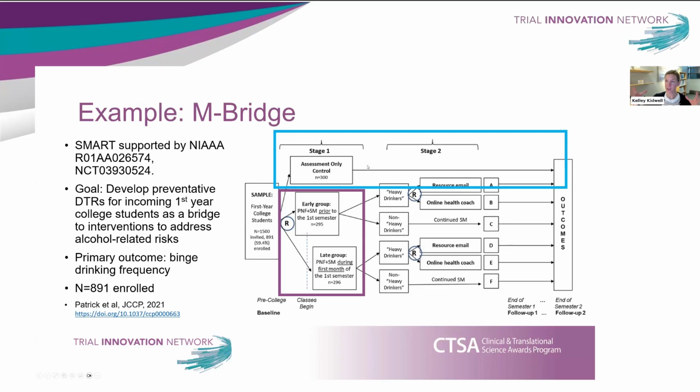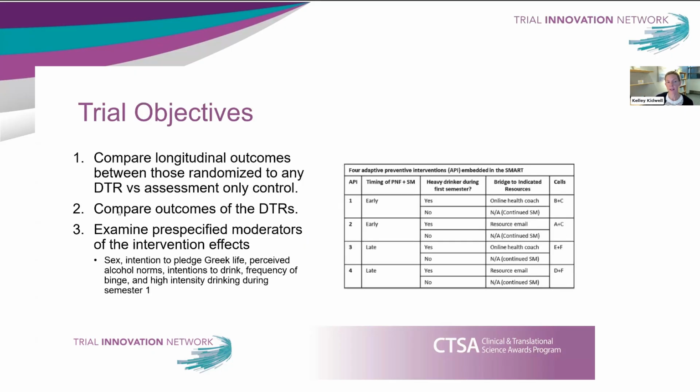So we've got a SMART, but our primary question that's going to power the trial is like a 2-arm randomized control trial. Their secondary question is about comparing the outcomes of the embedded dynamic treatment regimens. And their third objective is to examine some predefined moderators of the intervention effects.